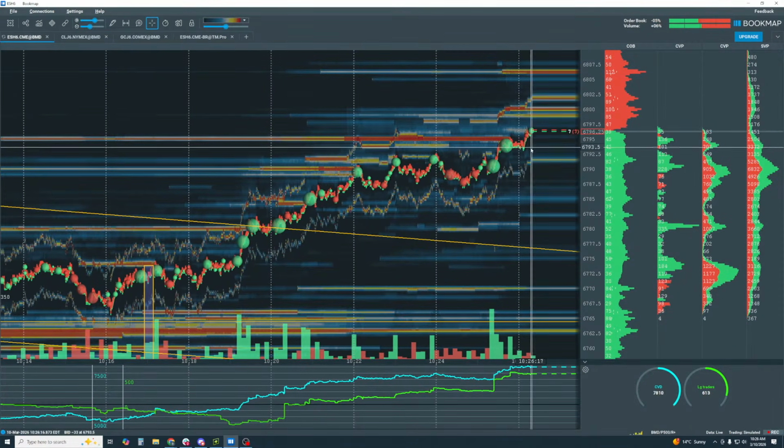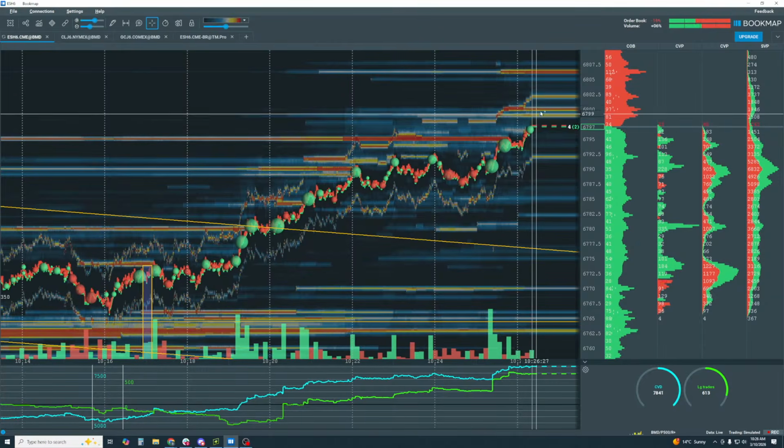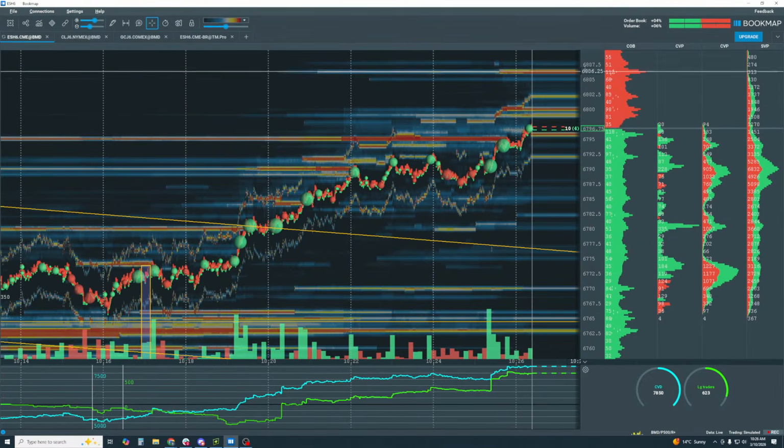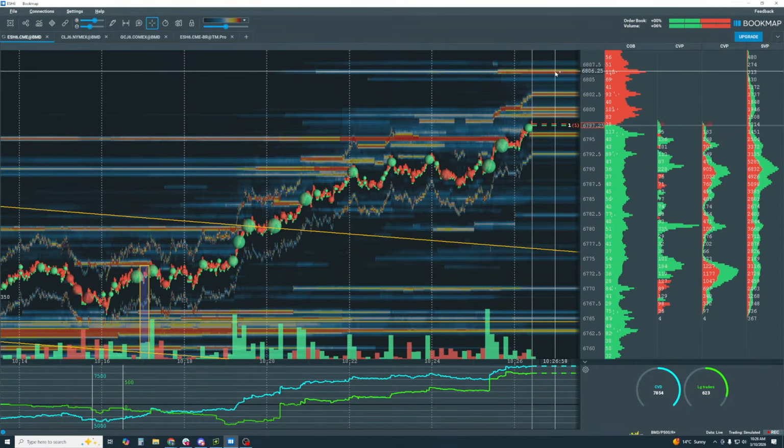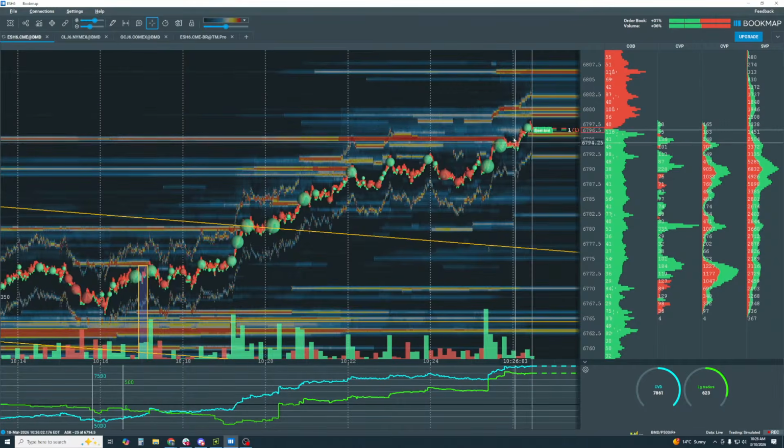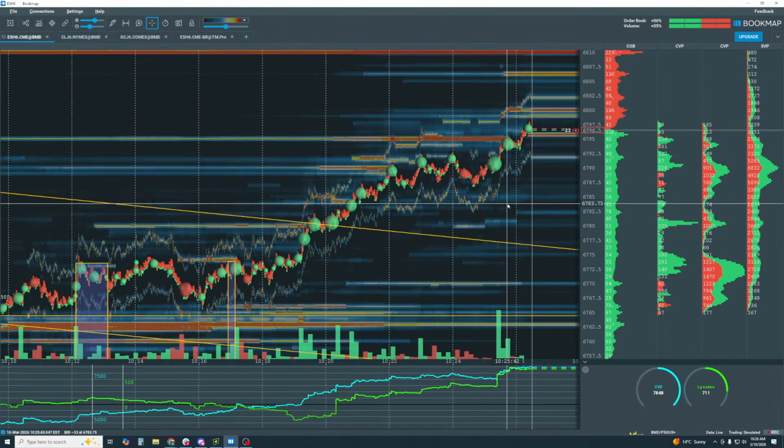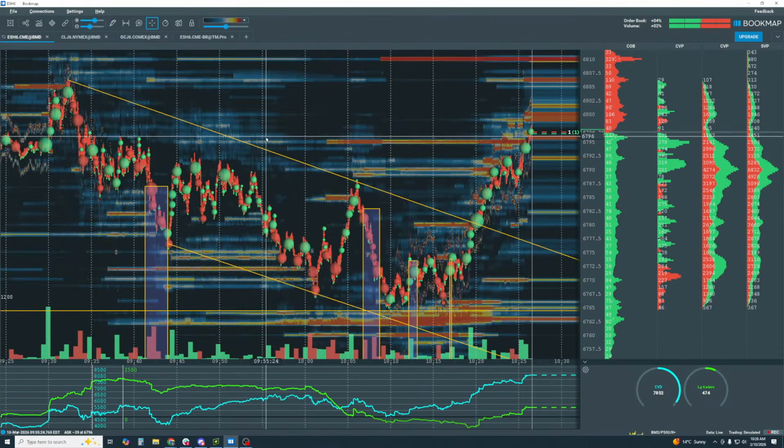All right, well, still finding those buyers, so let's see them kind of move this up. 6,800. Let's see if we can get up to this 06 up here. See what swings are along the way. We're at one right now, right here.